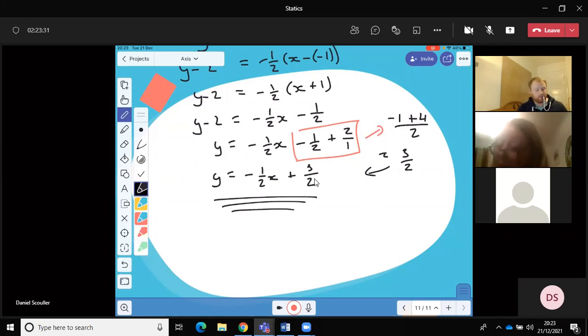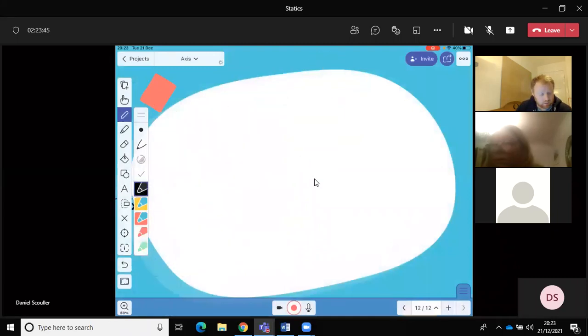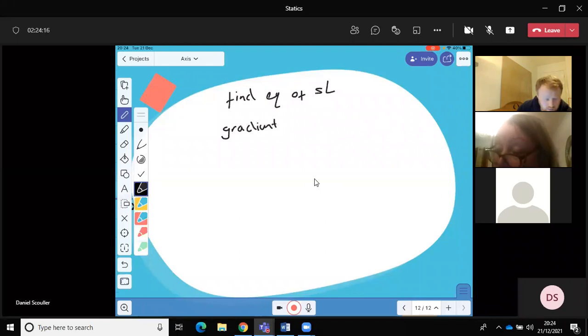Do one more. Find the equation of a straight line, and the gradient equals minus 3 over 5, and it passes through a point.